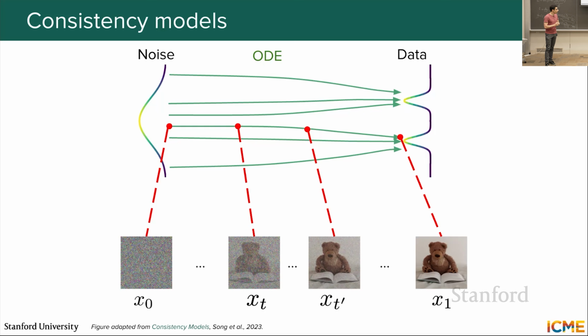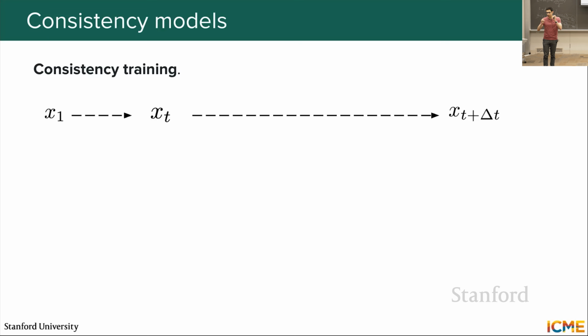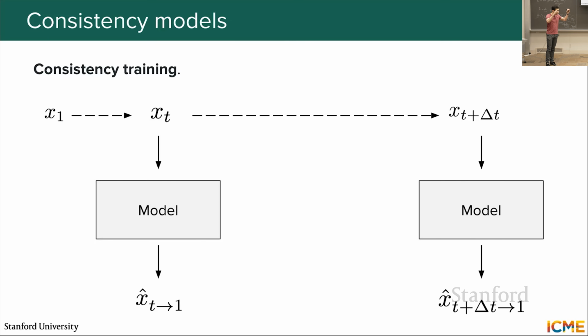And the way to do so is twofold. You can either do it with so-called consistency training, where you sample a clean image, and then you noise it at some level t, and you noise it at level t plus delta t. And what you do is pass it through your model and try to make them match to the same value. So this is one way of doing so.